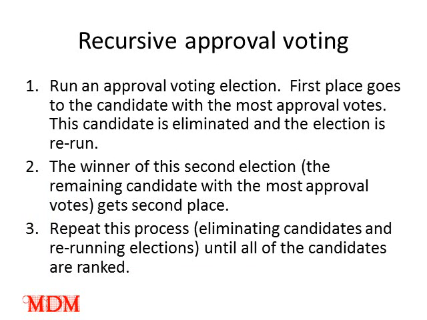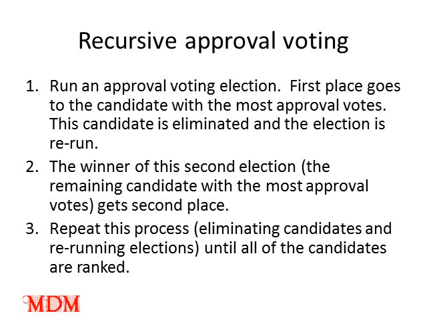Recursive approval voting is very similar to the recursive rankings that we had with preferential methods. First, we're going to run an approval voting election. First place goes to the candidate with the most approval votes. This candidate is eliminated and the election is rerun.